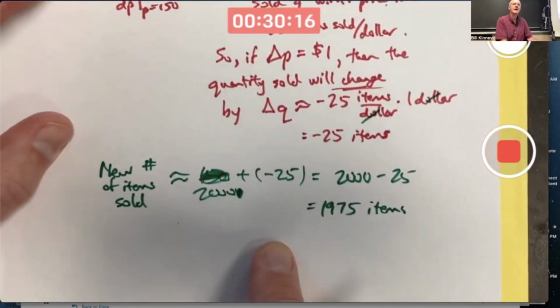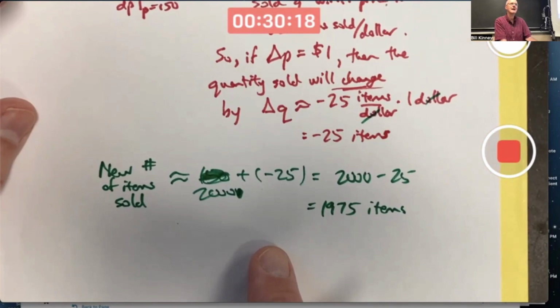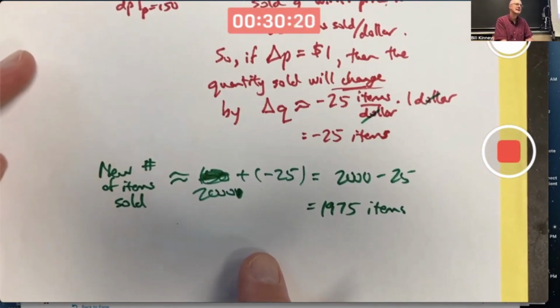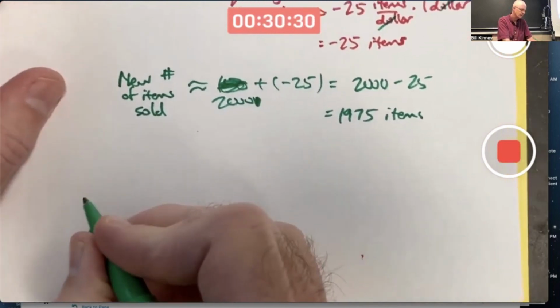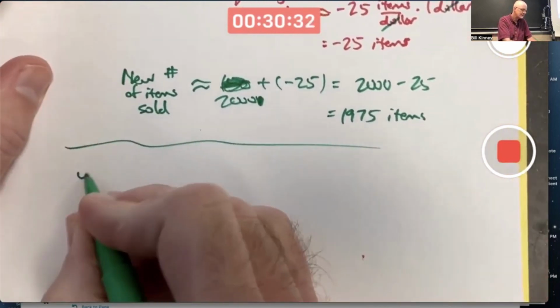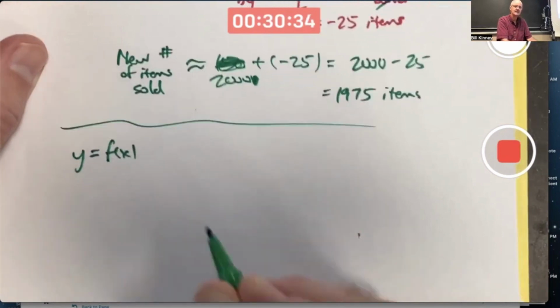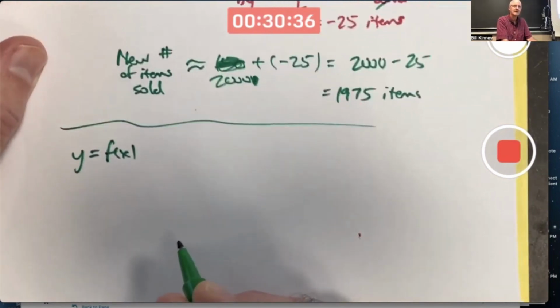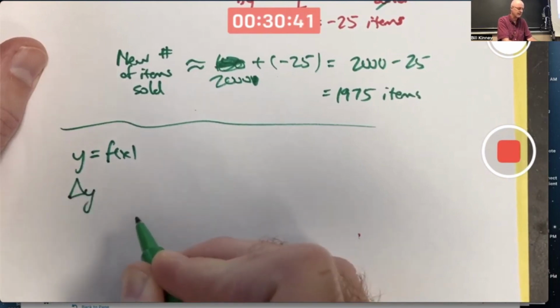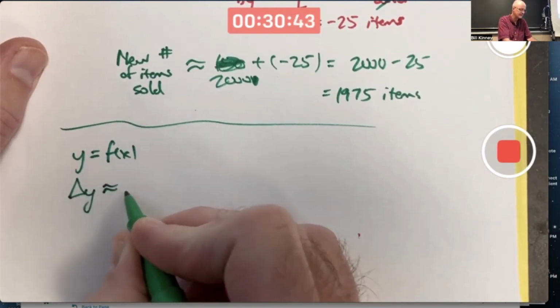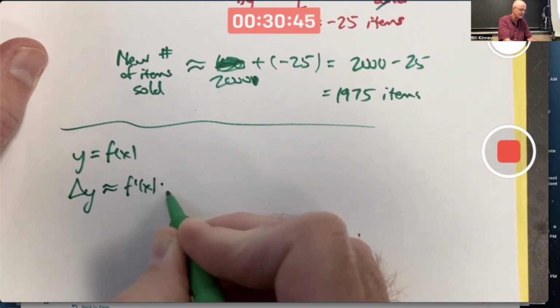What I'm using here is effectively the equation of a tangent line, though it doesn't look like one, does it? If y is a function of x, I just wrote down in the previous example that delta y would be approximately f prime of x times delta x.